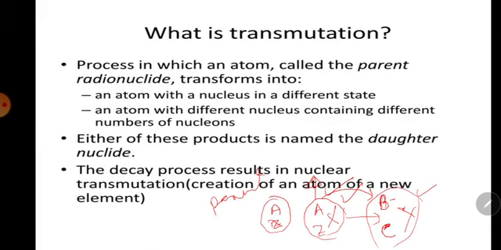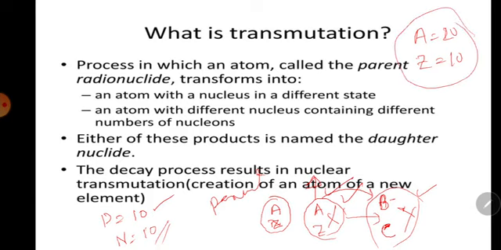So when a neutron disintegrates into a proton, for example, 10 neutrons and 10 protons are in the nucleus. So the atomic mass number is 20, and the charge number is 10.